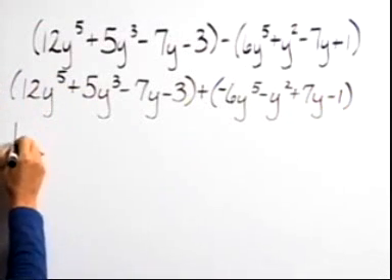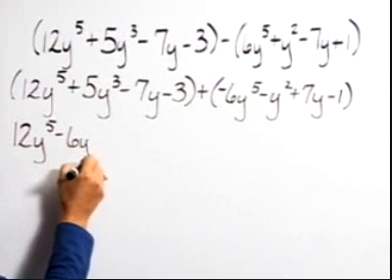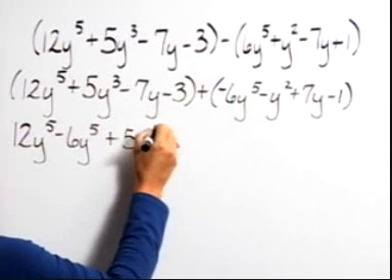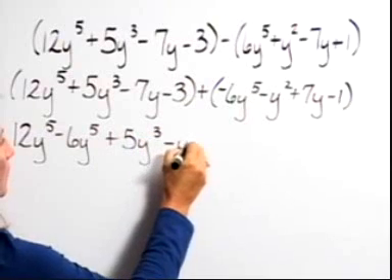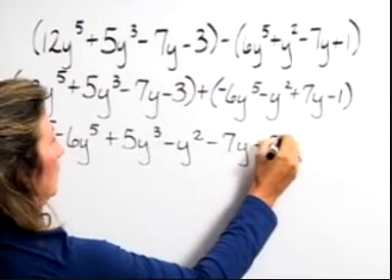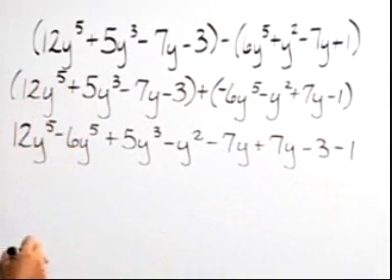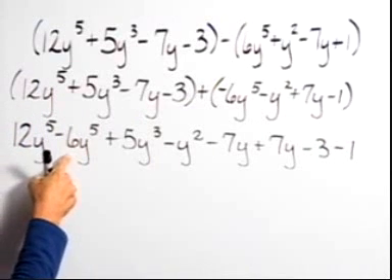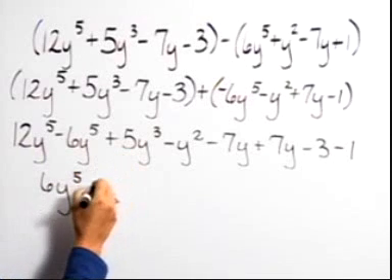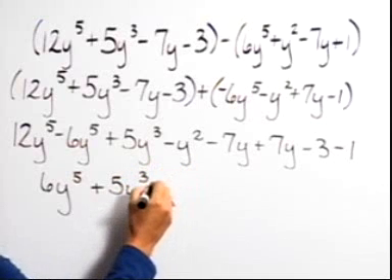Now we'll collect our like terms, writing it in descending order. Now combine like terms. 12 minus 6 gives me a 6y to the fifth plus 5y to the third minus y squared.